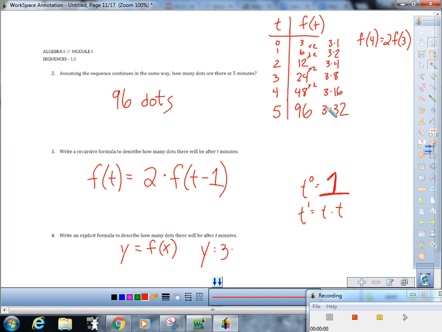Let's just look at this blue one. Look at all these blue numbers: 1, 2, 4, 8, 16, and 32. Well, this is 2 to the 0 power. This is 2 to the first power, 2 squared, 2 cubed, 2 to the fourth, and 2 to the fifth.